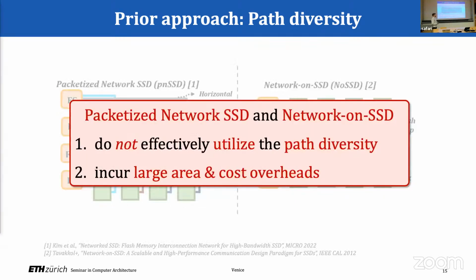But they also have some disadvantages. Although they have higher path diversity than the first 2 I showed you, they are not able to utilize the path diversity effectively, and they also incur a large area and cost overhead, because modifying the flash chips in network on SSD is very costly, and adding double the amount of channels is also not very effective when you look at cost.